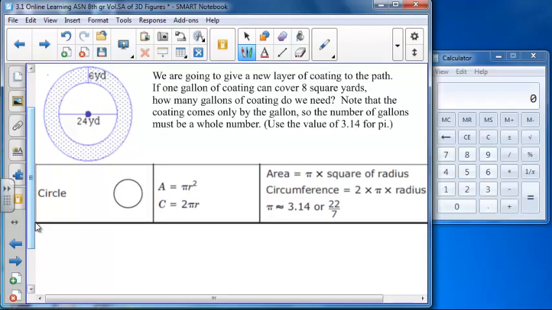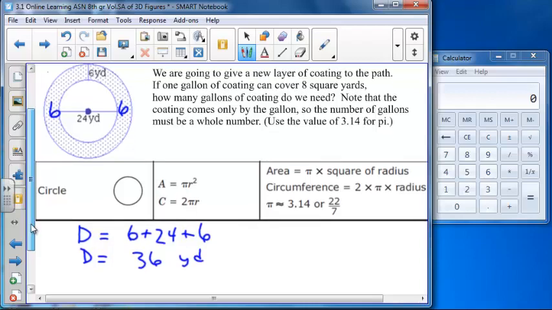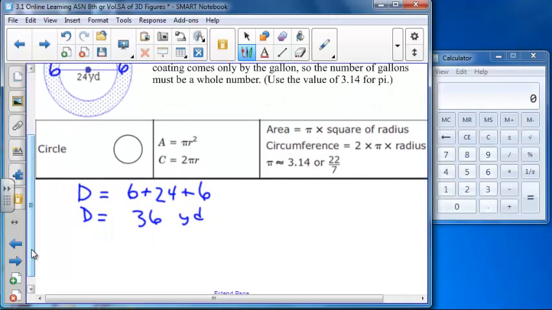And notice that on each side of the inside circle there is an extra 6 yards, which means that the diameter of the larger circle is 6 plus the diameter of the smaller circle, 24, plus another ring that's 6 yards. The diameter then is 36 yards. We'll need the radius for the area formula, and the radius can be found by dividing the diameter by 2. Our radius then is 18 yards.